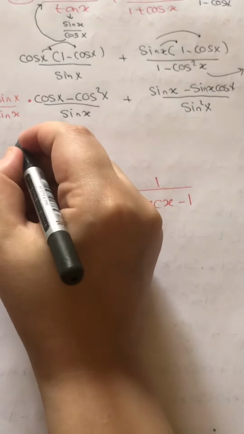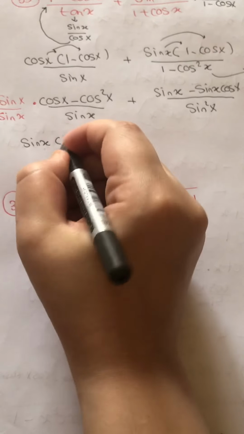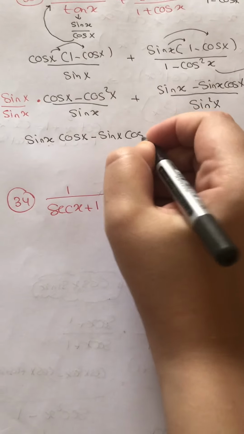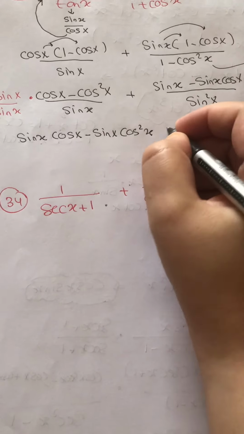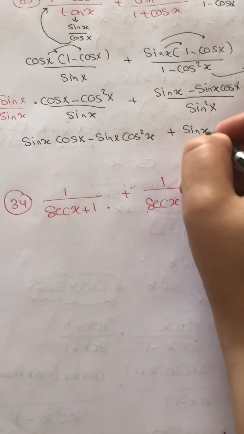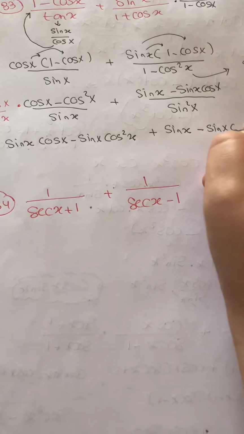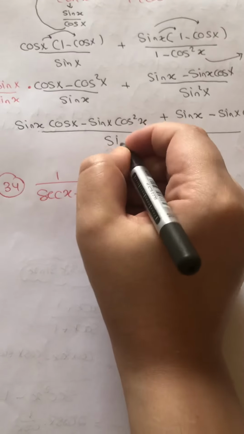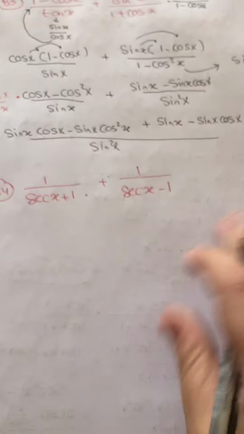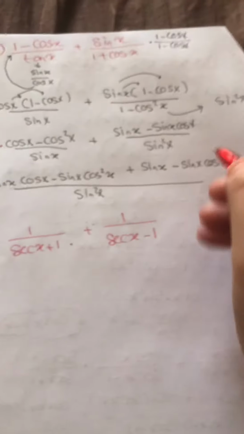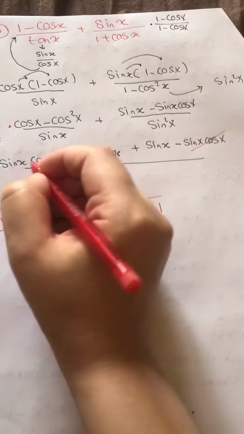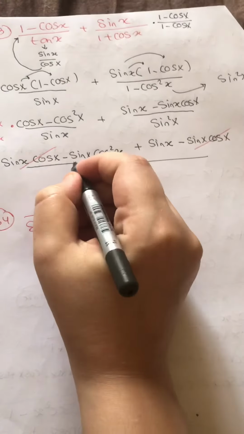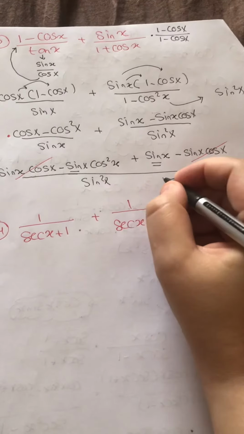Okay, so here I'm going to get sine x cosine x minus sine x cosine squared x, plus sine x minus sine x cosine x, and I made the denominator, sorry, sine squared x. What can I cancel? I can cancel this with this, right? And from the numerator I can take sine x as a common factor to decrease the steps.